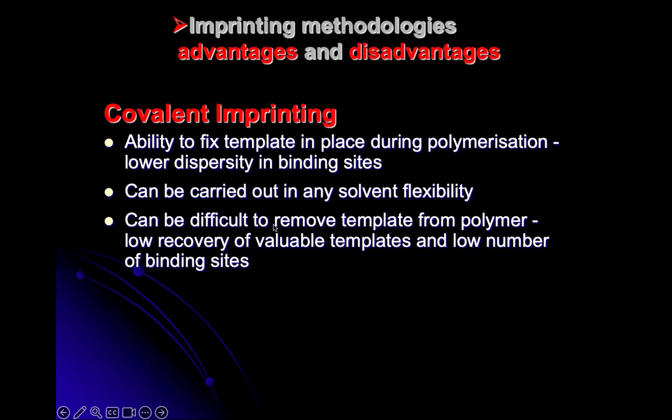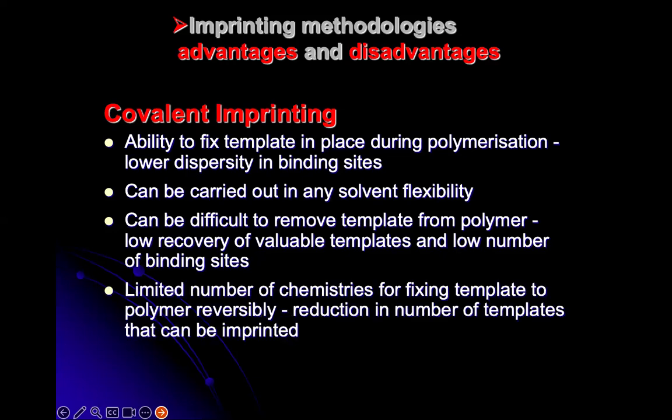It can be difficult to remove template from polymer because of the covalent interaction. There is a limited number of chemistries for fixing template to polymer, and reversibility is difficult. Usually covalent is irreversible.